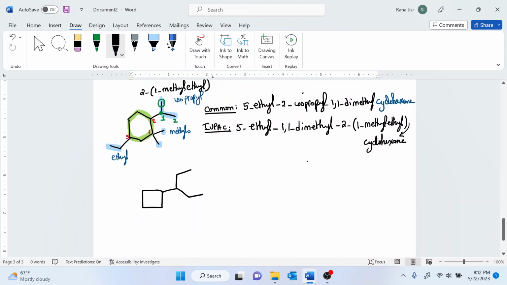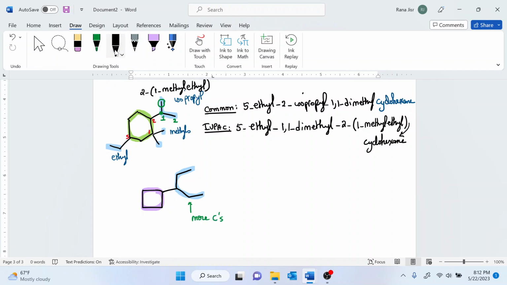Now, let's say, for example, if we have a substituent on the cycle, and that substituent has more carbons than that of the cycle. So say your substituent is a 5-carbon chain, and your cycle is a 4-carbon ring. In this case, you cannot end your name in the cycle. So the cycle is not going to be the parent name. The parent name is going to be the chain because the chain has more carbons.